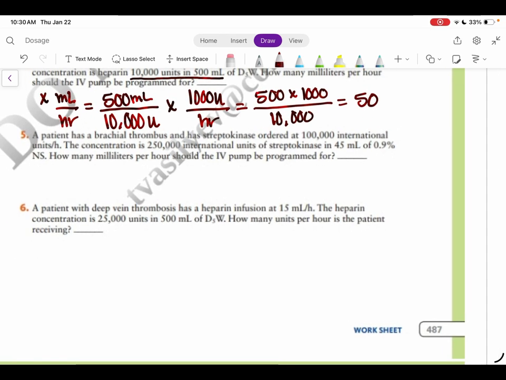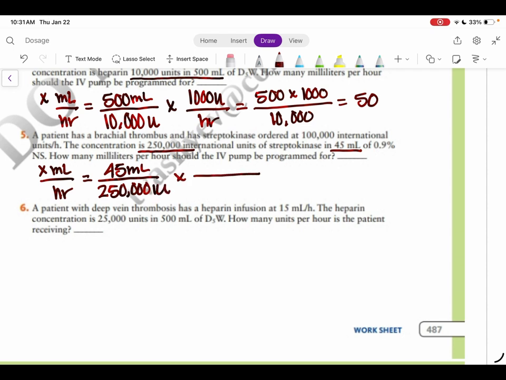All right, number 5, X milliliters per hour. A whole lot of words here, but basically I have 250,000 IU in 45 milliliters. So I'm gonna write 45 milliliters in 250,000 IU.